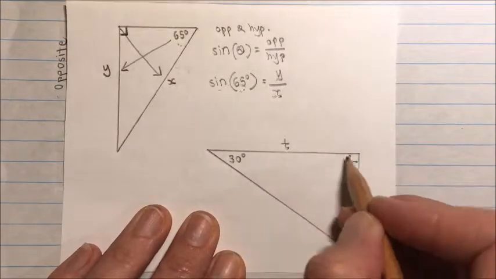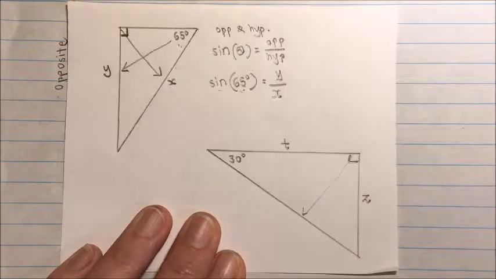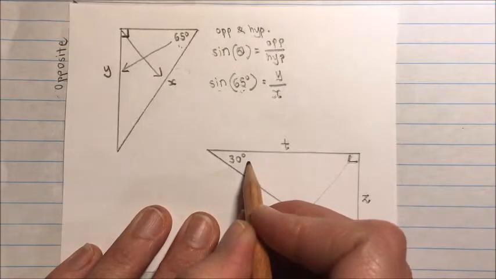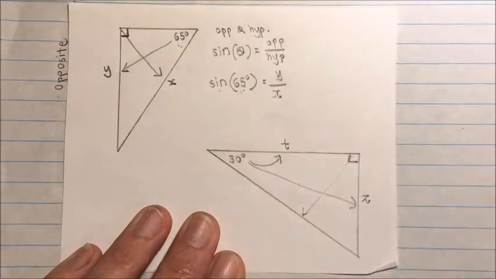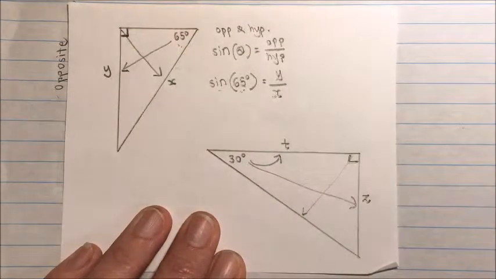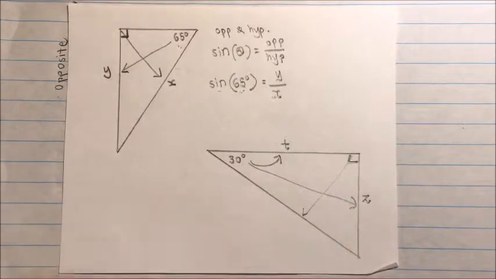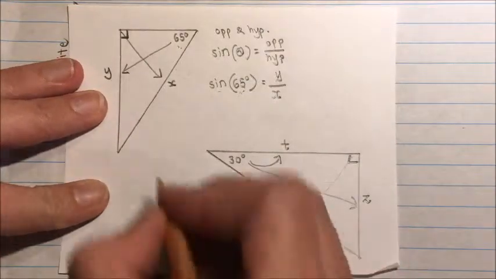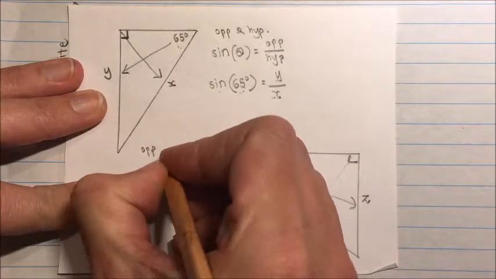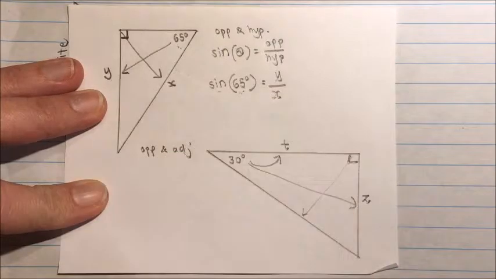This time, I do not have a hypotenuse, but I do have my opposite and I do have my adjacent. So, CAH, no, that's adjacent over hypotenuse. TOA, oh, that's opposite over adjacent. So, because I've got the opposite and I've got the adjacent, that's what I'm working with.